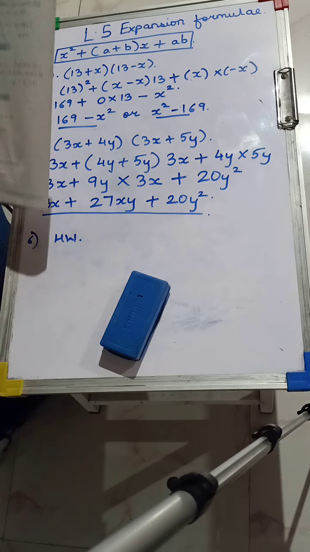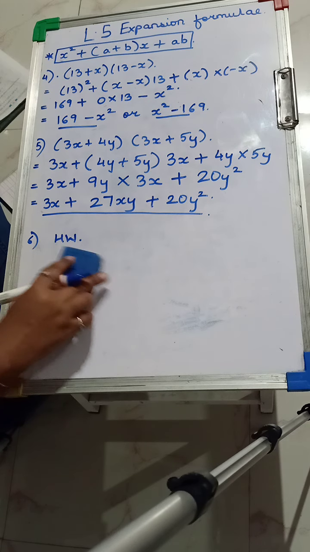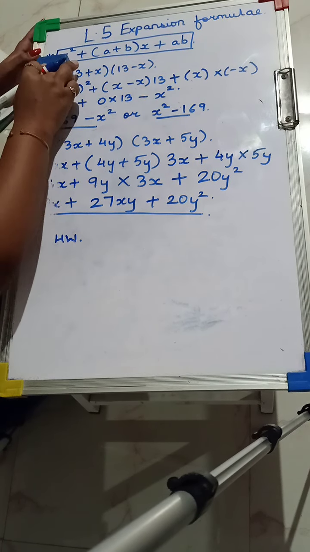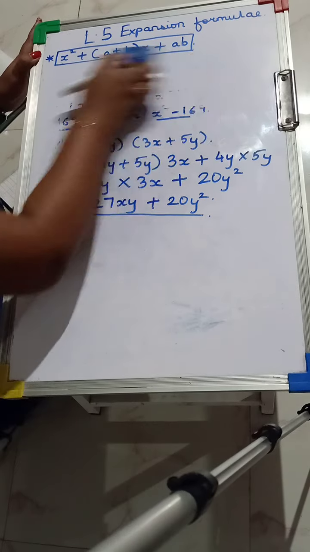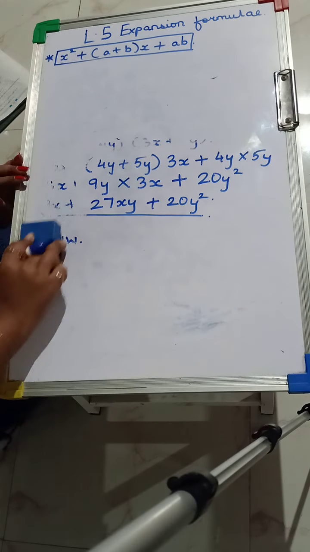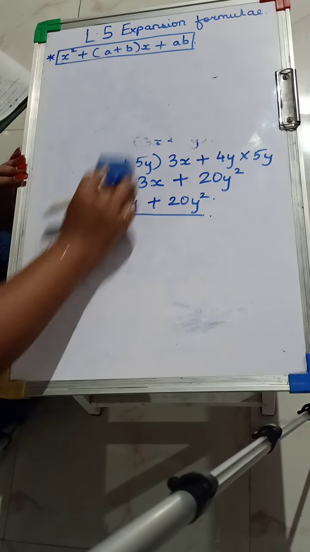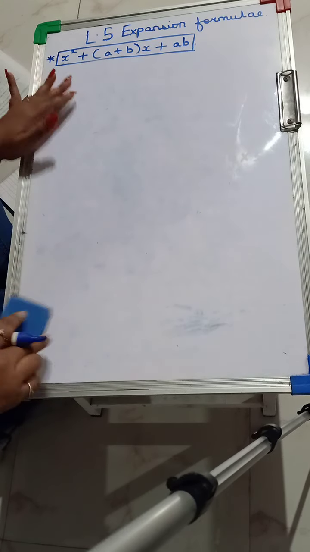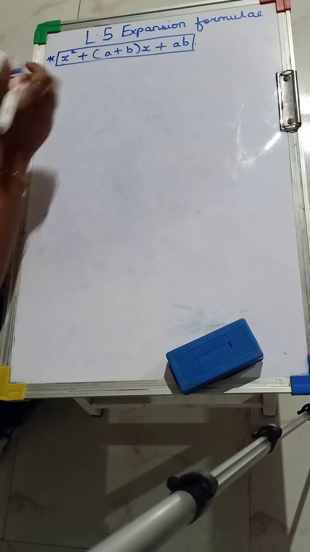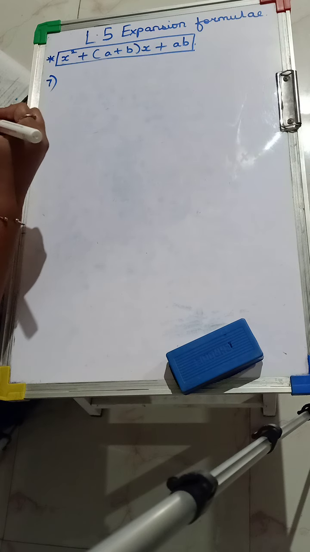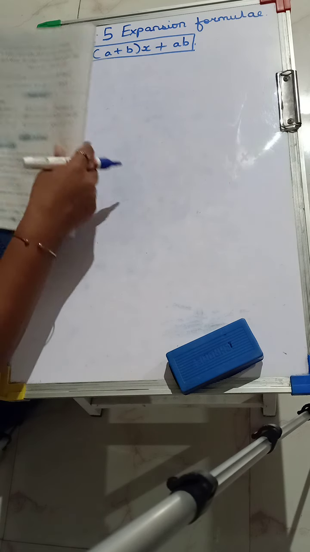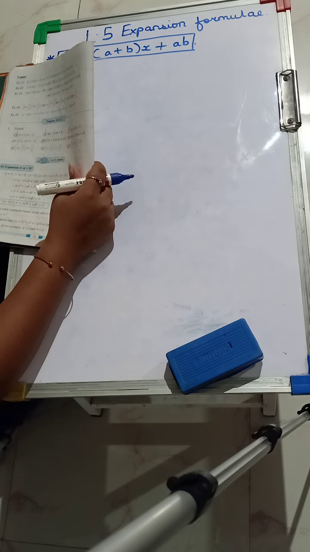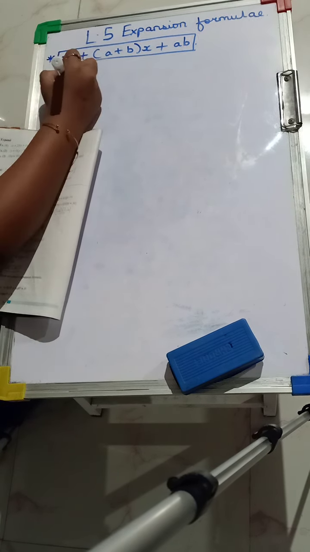Now we'll continue with the seventh sum, that is (m plus 2 upon 3).